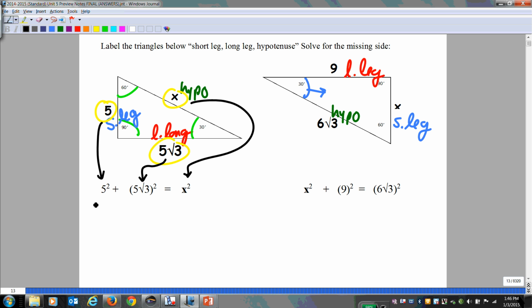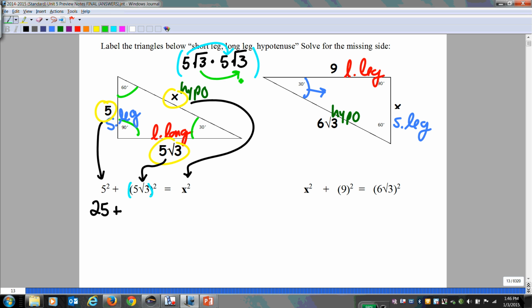Let's solve this. This is 25. 5 root 3 times 5 root 3. I'm expanding it so you can see it here. 5 times 5 is 25.